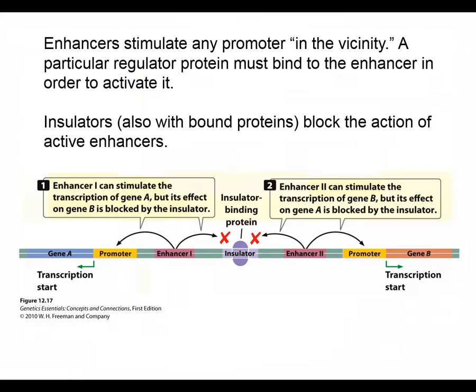So this promoter on the right would be activated by enhancer 2, but the promoter on the left would not be activated by enhancer 2 because the insulator kind of makes a wall or a blockage for that effect. Enhancer 1 would only be able to stimulate activation of this promoter on the left, but enhancer 1 would not activate the promoter on the right, again, because of the insulator.